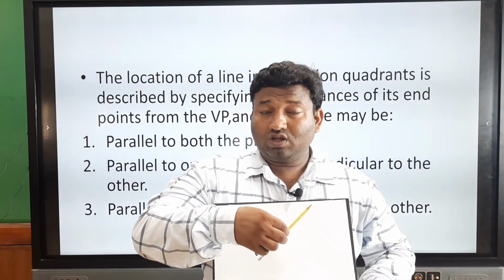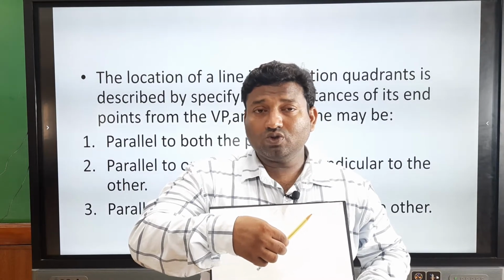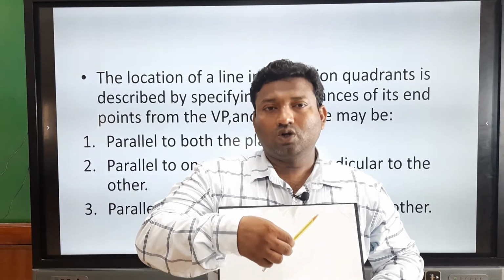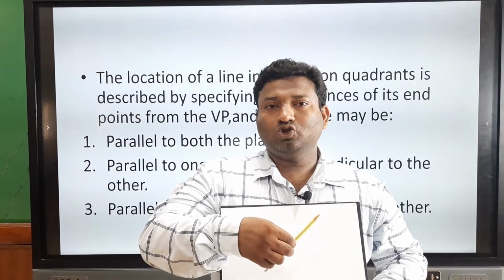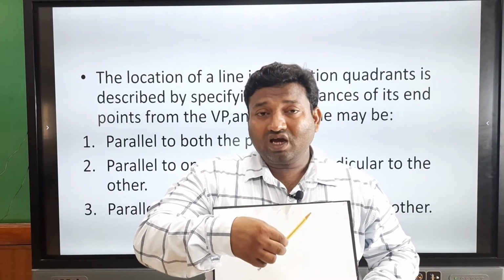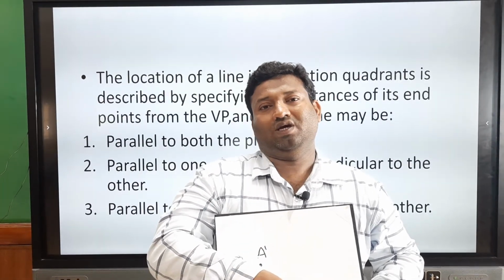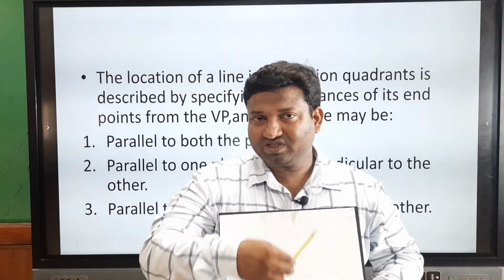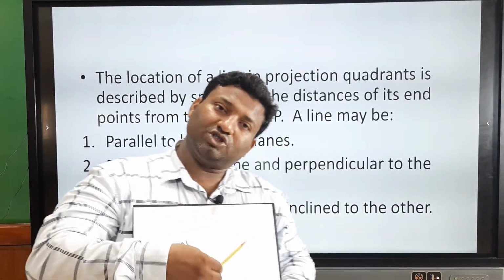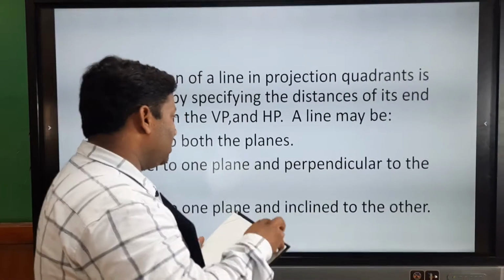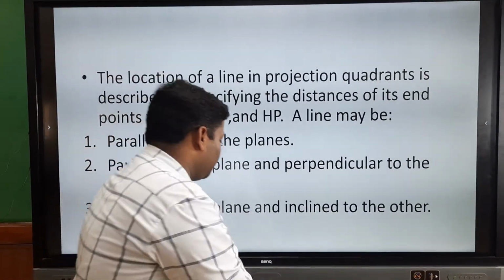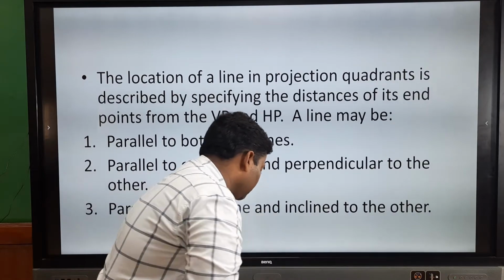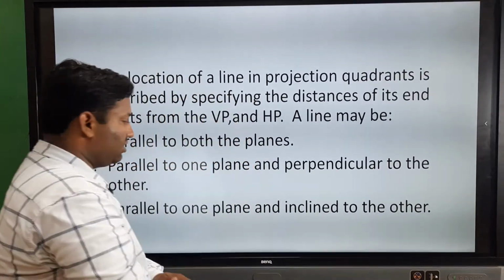But when we view the same object from the top, due to that inclination we cannot get the true length, but we can see that the line is parallel to the HP. It is not showing the true length because of its inclination, which we have to represent through the projection. So, these are the things we have to draw in this topic.